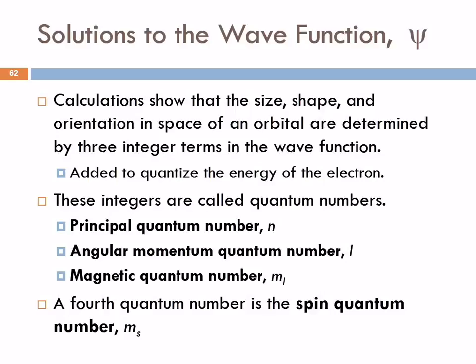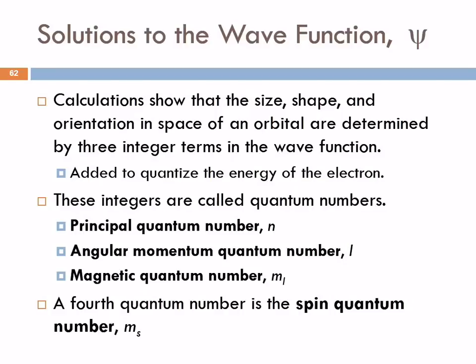So doing calculations on this, we find that the size, the shape, and the orientation in space of the orbital are determined by 3 different integer terms. And those terms were added into the wave function in order to quantize the energy of the electron.